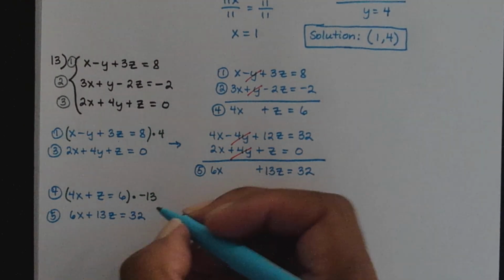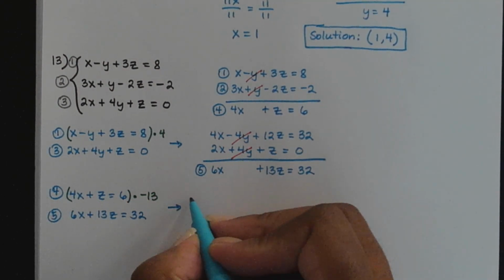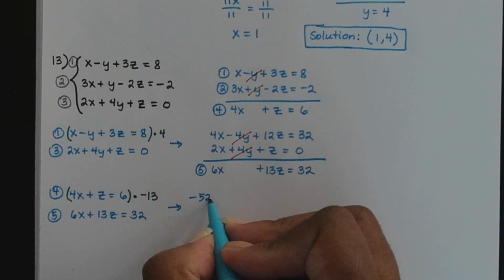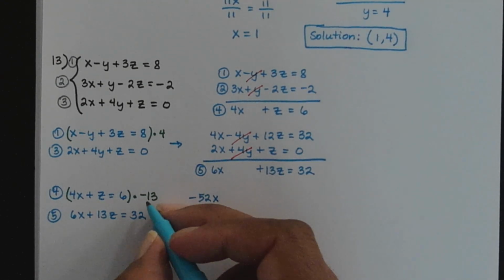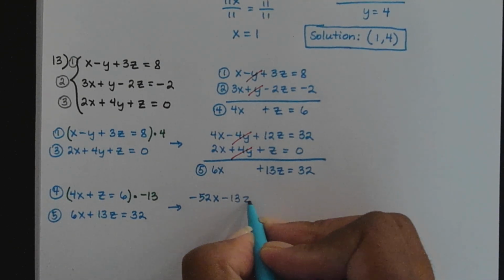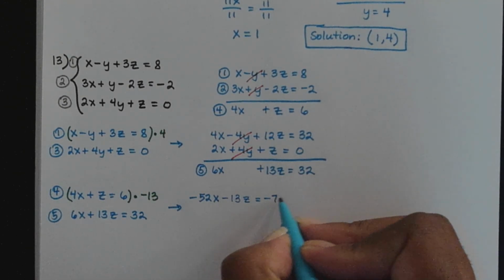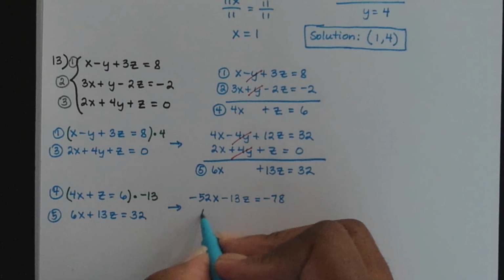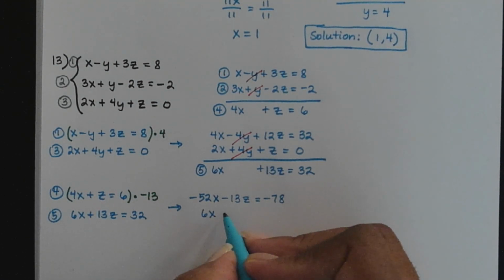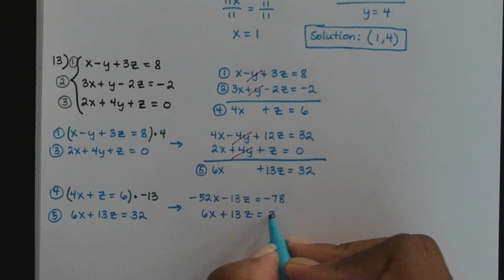And when I do that, negative 13 times 4, that's negative 52x. Negative 13 times the plus z will be minus 13z, equals negative 13 times 6 will be negative 78. Now bring over equation 5. 6x plus 13z is equal to 32.